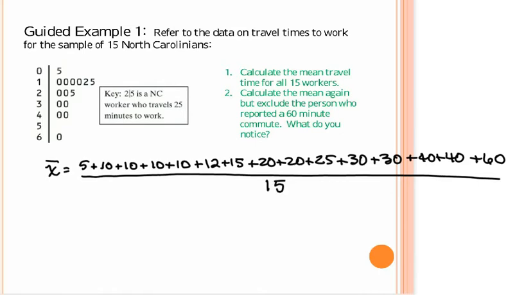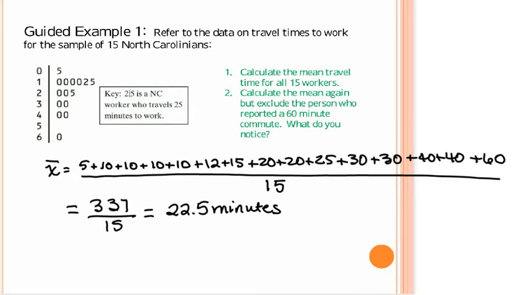Well, if we do that, what we end up with is 300, no, wait, let me see. It would probably help if I get a calculator. Hold on, I'll be right back. All right, so this equals 337 divided by 15, which is about 22.5 minutes as the average or mean commute.